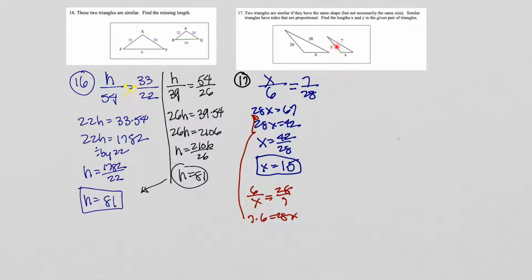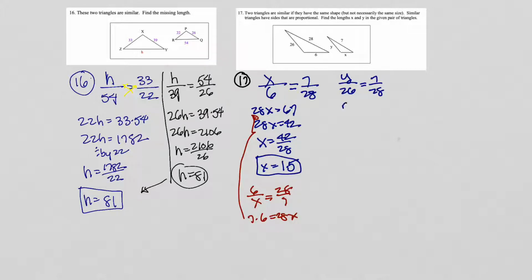Now we also want to get y. So y is to that left side, the small y is to the big 26. The small side is to the big side. So y is to 26 as, now I don't want to use the bases here because I don't want an x, I don't want two variables. So the left side is to the left side as the right side is to the right side, as 7 is to 28.